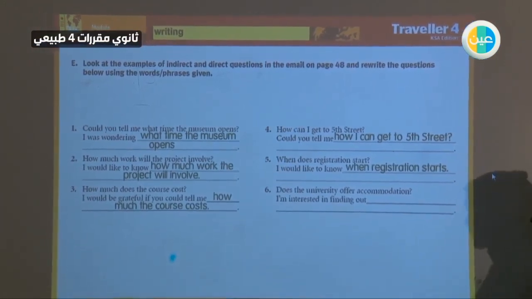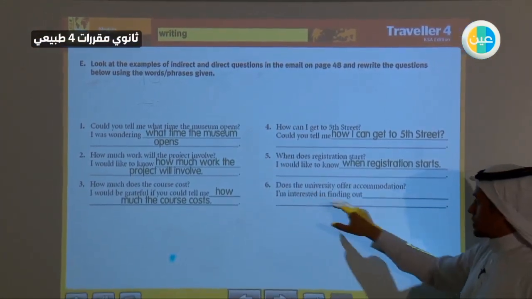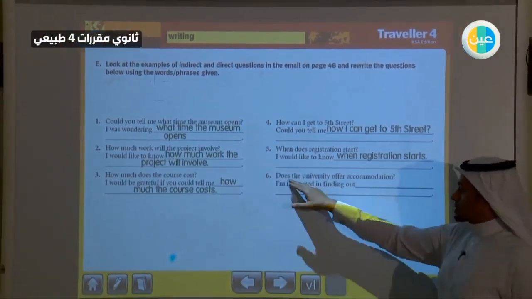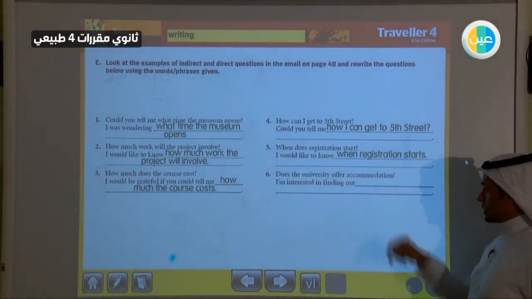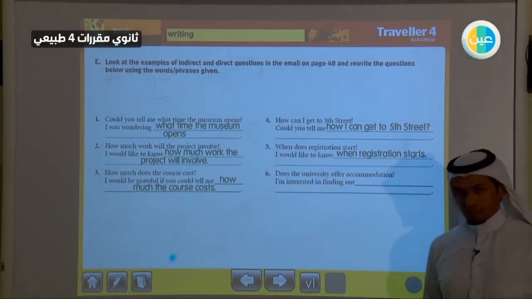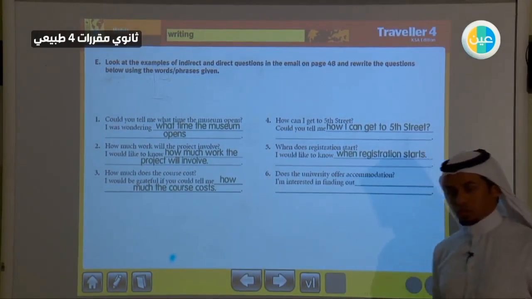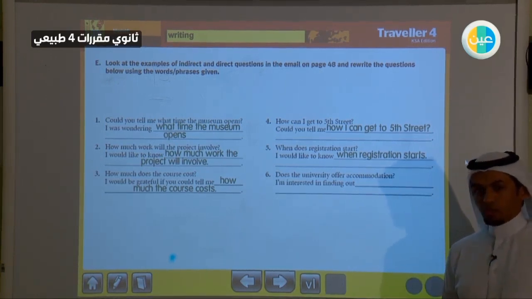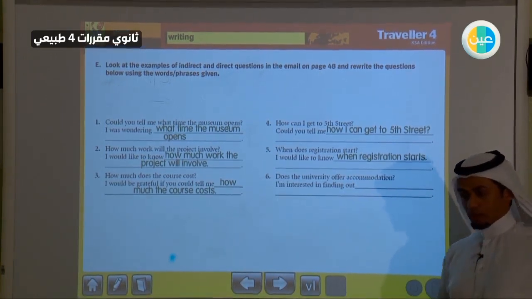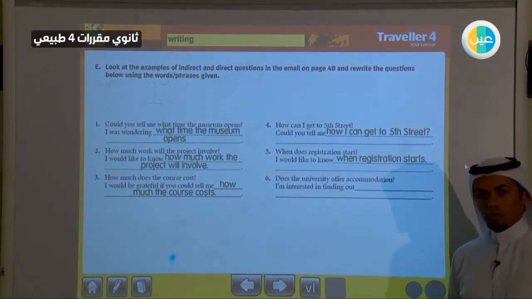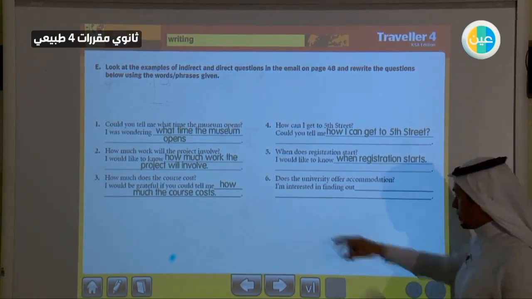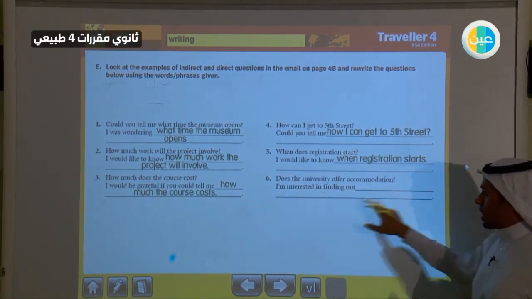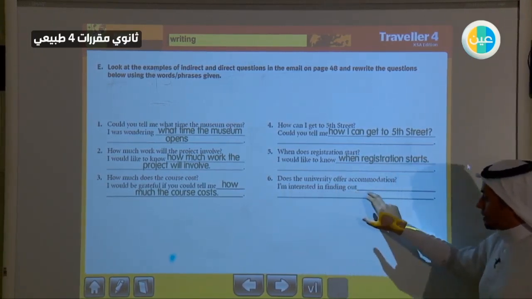Number 6, does the university offer accommodation? I am asking whether the university gives us a place to sleep in, like a hotel or a condo or whatever. I am interested in finding out.